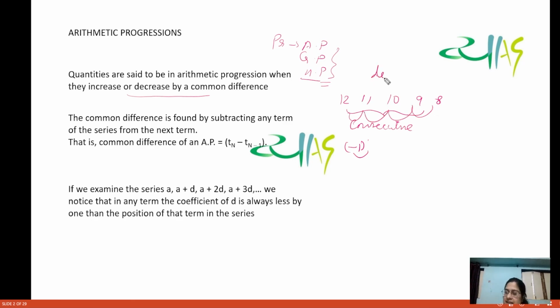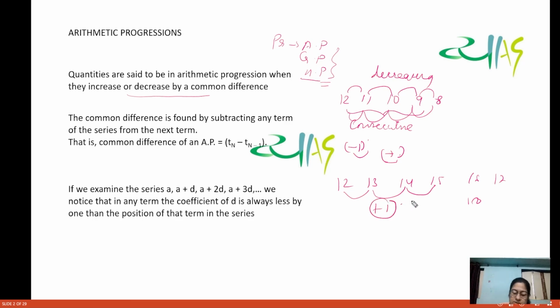So this is a decreasing arithmetic progression, because the common difference between each term is minus 1. Similarly, if we take 12, 13, 14, 15, 16, 17, 18, this is also an arithmetic progression, but the common difference here is plus 1.